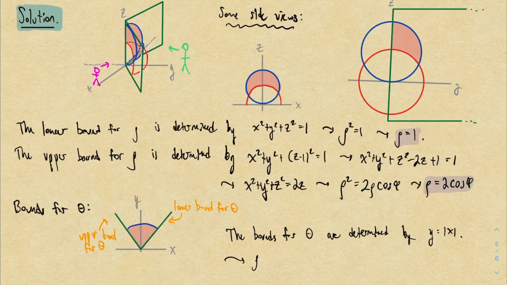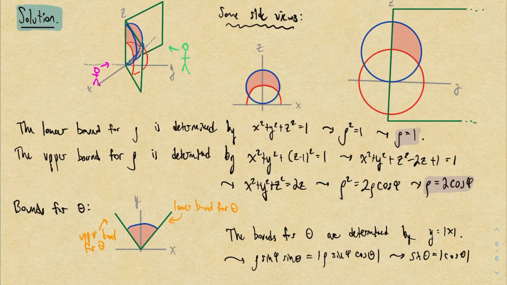This time we'll get rho sine phi sine theta equals the absolute value of rho sine phi cosine theta. Something small to point out here is that rho is always positive, and sine of phi is always positive. Phi always lives between 0 and pi, and hence sine of phi is never negative. That means that I don't have to worry about the absolute values on these two terms, and I can just divide both sides by rho sine phi.